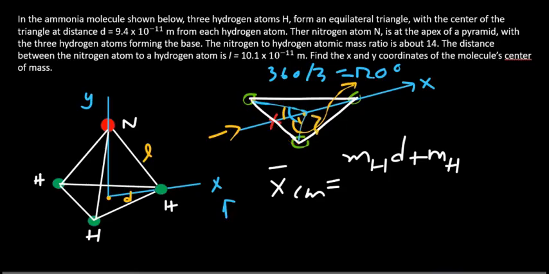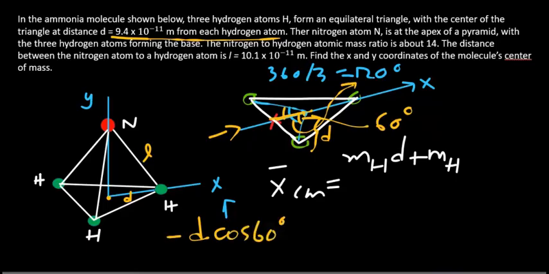So since this distance is d, because we are told that the center of the triangle is at a distance d from each of the hydrogen atoms, and this angle here is 60 degrees, 120 divided by 2, this length has got to be d cosine 60 degrees.